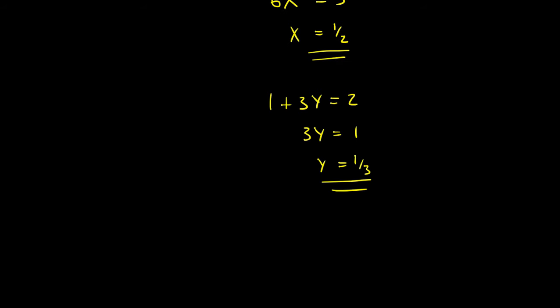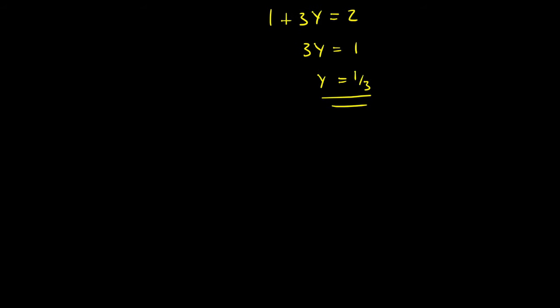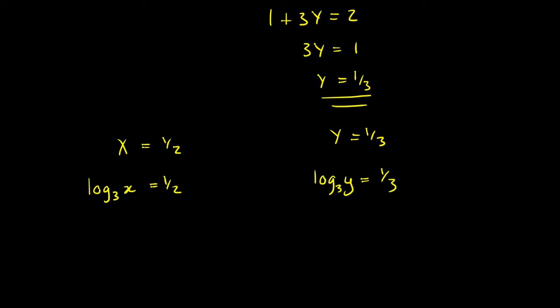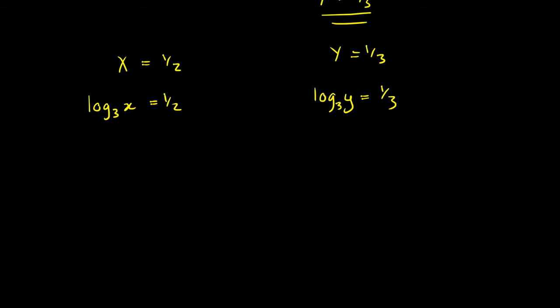So, big X is equal to a half and big Y is equal to a third. What that means is that log base 3 of little x is equal to a half, and log base 3 of little y is equal to a third. And how can I convert that to indices form?